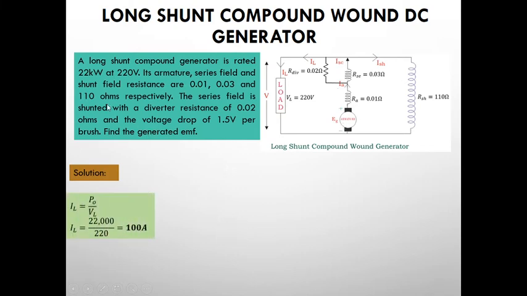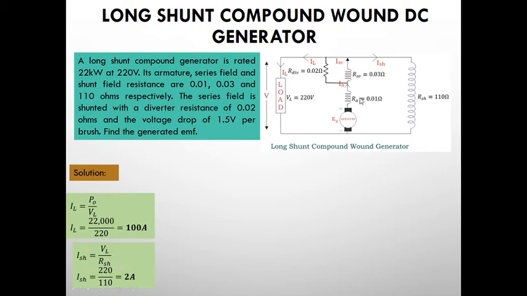First is to get the load current IL. The power delivered to the load is 22 kilowatts, divided by 220, the VL. So we have IL equal to 100 amps. Next is ISH.